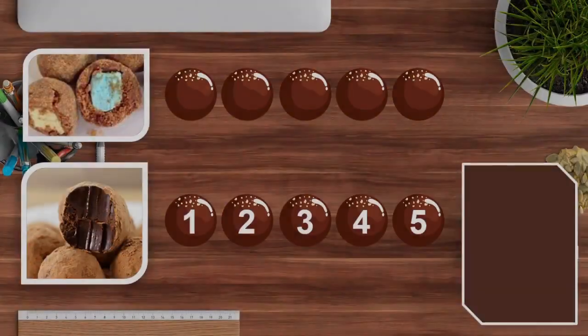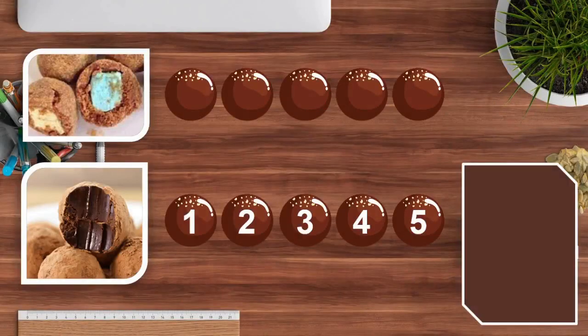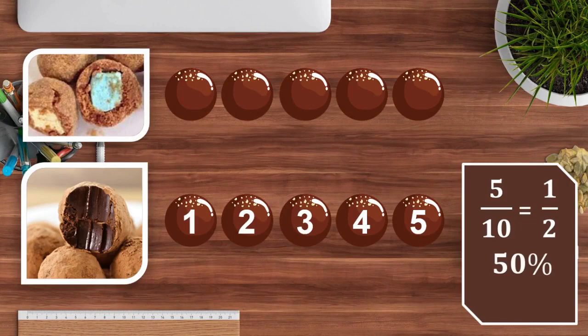So if we reduce this to lowest term, we will have 5 over 10 is equivalent to 1/2. Or we could say that we have 50% chance or 50% probability of getting what we want. Perhaps you've also heard of the term 50-50. So we have an even chance of getting a chocolate-filled gram ball.